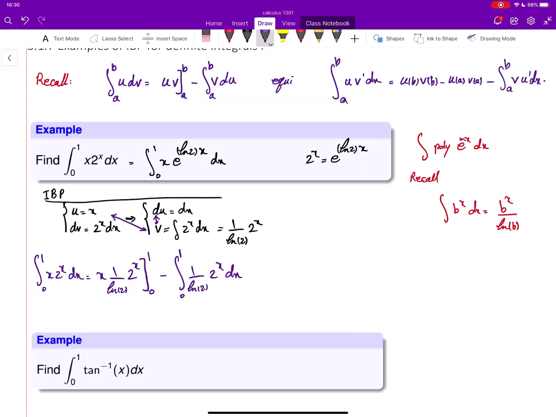This is a definite integral. One thing you have to be careful about is that this is not ln of x; ln of 2 is just a constant.